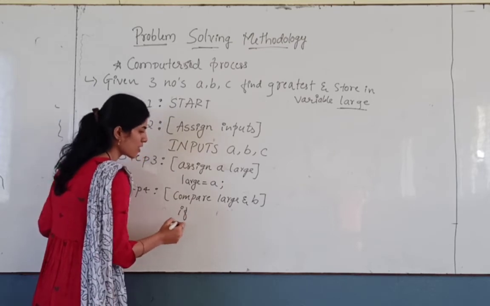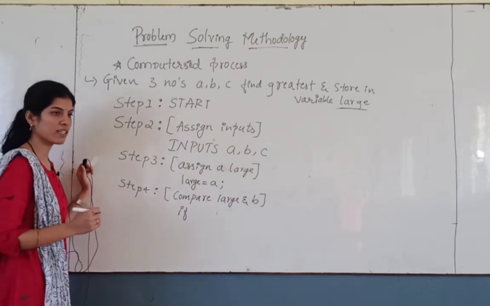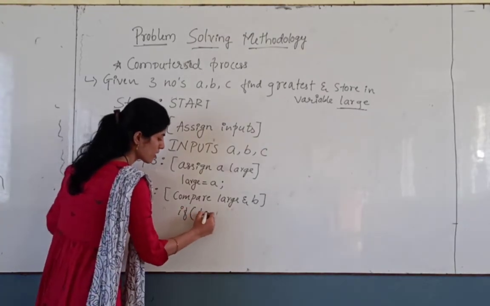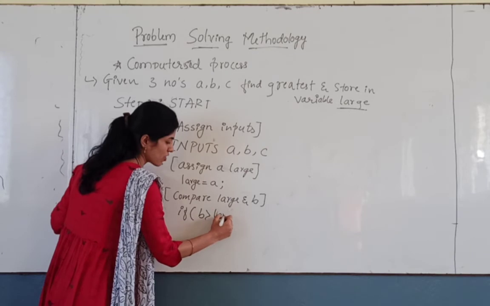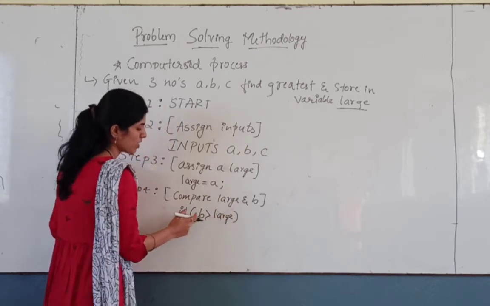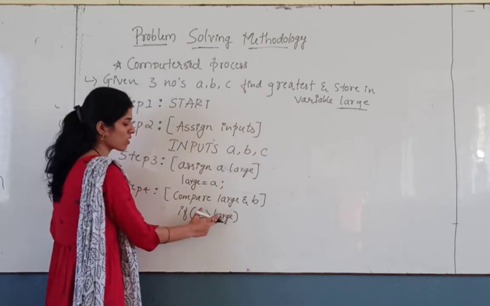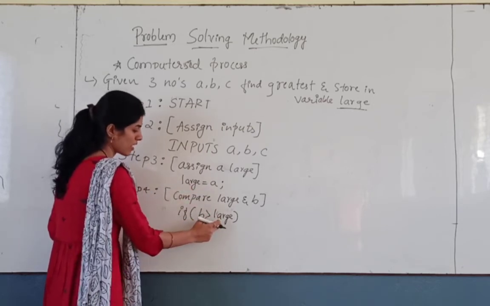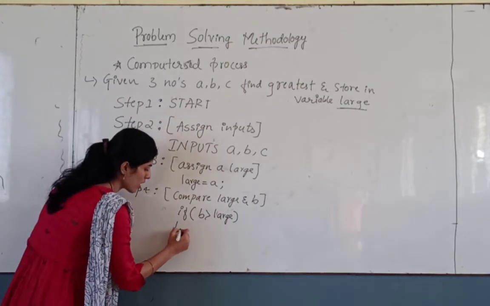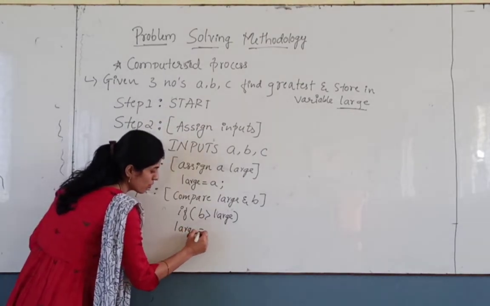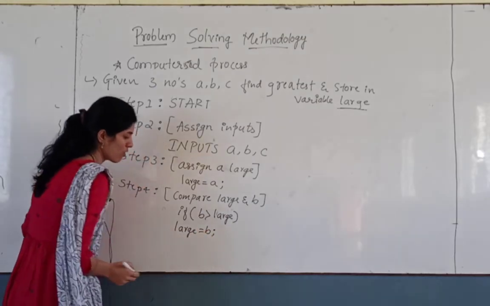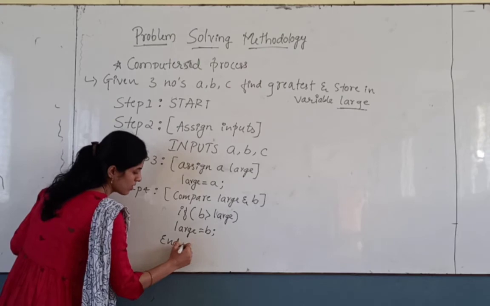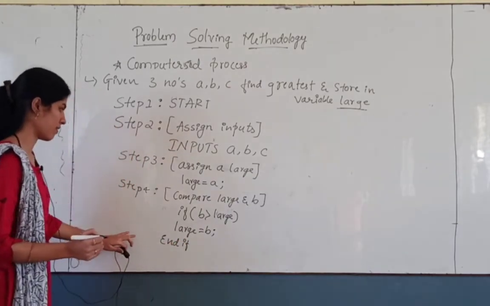This if, else if, nested if you will study in a later chapter. You check that if b is greater than large, it means if b is greater than a, because we have assigned large as a. So if b is greater than large, then you write large equal to b. And the end if statement should end here.